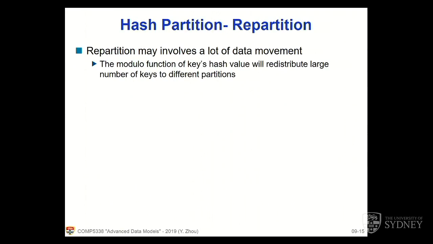So let's see what's hash partition. Hash partition is the one we've seen in the previous memcache. That's what we call hash partition. First you hash the key to a value, and then you do a modulo, and this gives you an ID. So the ID tells you the location of the data.